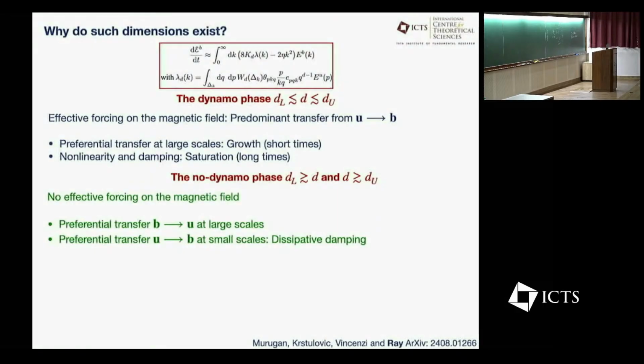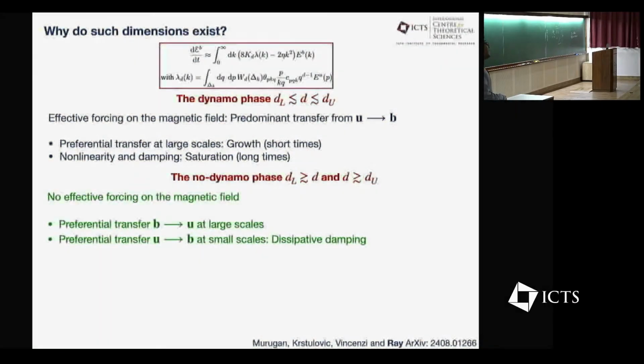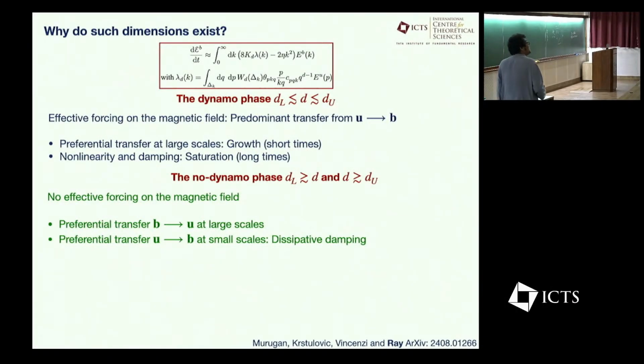For dimensions which are in the no dynamo phase, what you find is that there is no effective forcing on the magnetic field, not surprisingly, but what you do find is that there is a preferential transfer from the B to U field at large scales and a transfer from U to B, which would act as the forcing to stir up the magnetic field, but that happens only at small scales.